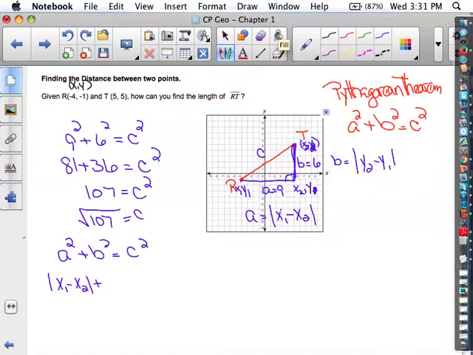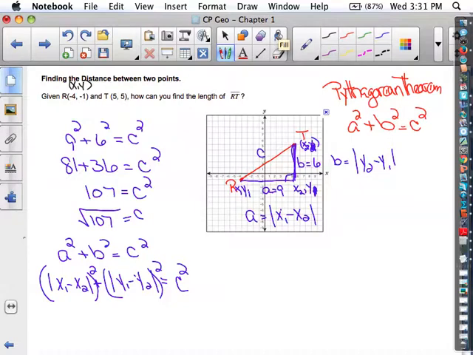That's how we get the length of the line: we just look at those y values and subtract. So we can replace B with the absolute value of y1 minus y2, and actually those are squared in the Pythagorean theorem, so we'll square them, and that equals C squared.